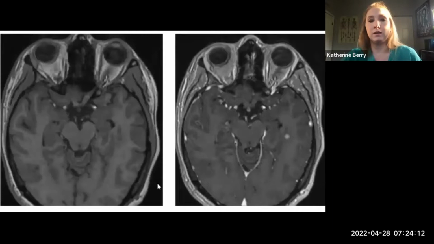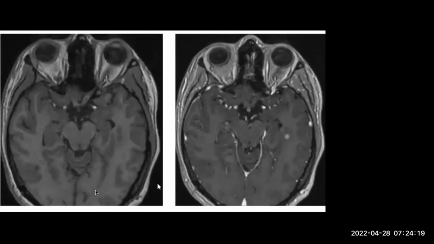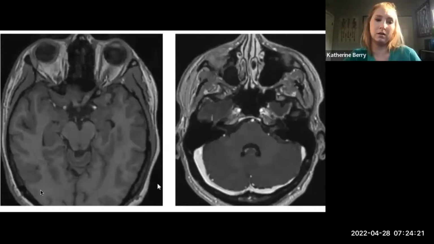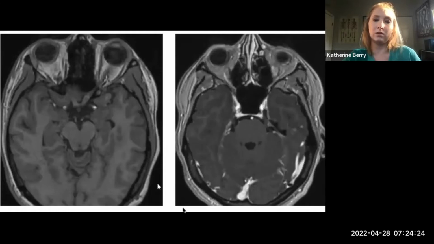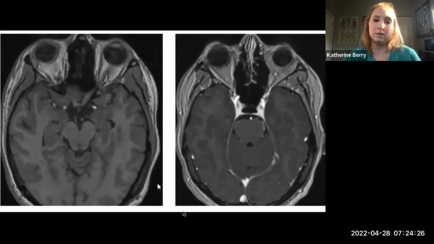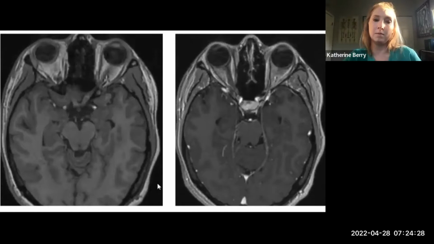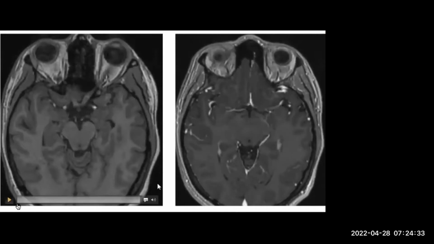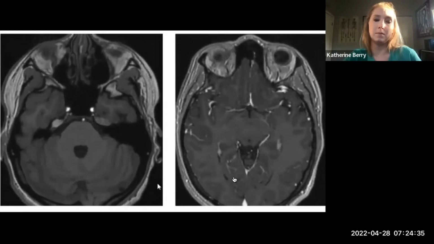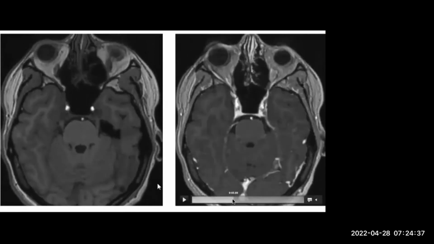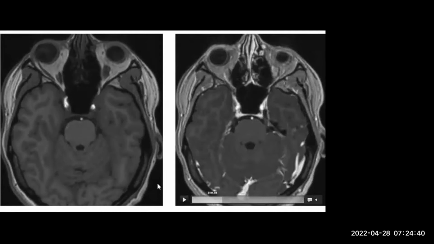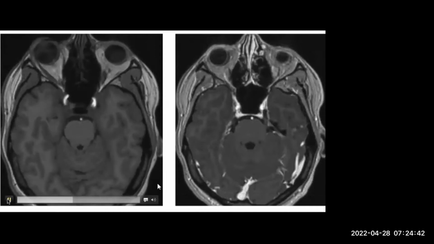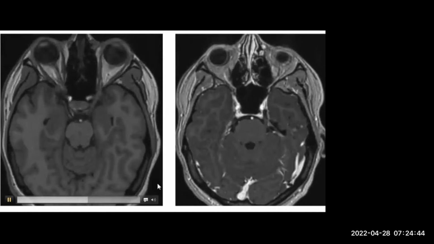And here's the MRI. I'm actually going to play it for you, maybe if I can, because there's a lot of little lesions. Yeah, so it looks like on the right, like small, sub-centimeter contrast enhancing lesions, mostly in the left temporal lobe.